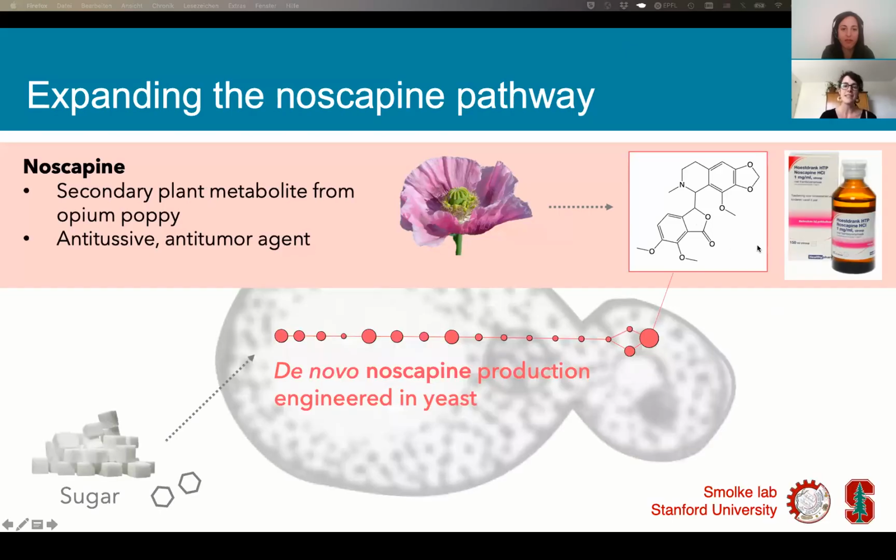And for these reasons, in the lab of Professor Christina Smoky, with whom I was collaborating, they created a yeast strain that can produce noscapine from sugar. Here, I show an abstraction of the noscapine pathway.